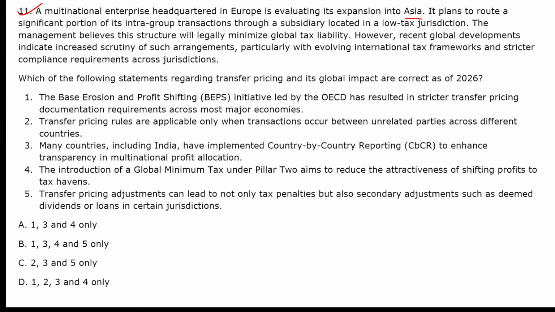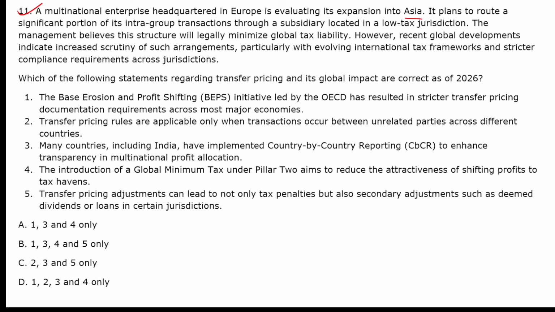However, recent global developments would indicate increased scrutiny of such arrangements, particularly with evolving international tax framework and stricter compliance requirements across jurisdictions. The BEPS initiative led by OECD has resulted in stricter transfer pricing documentation requirements across most major economies.